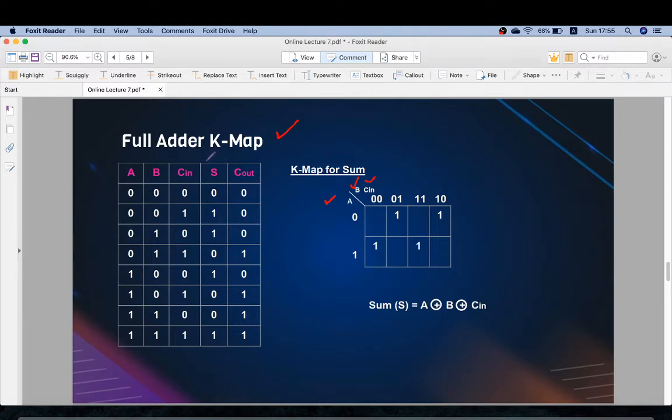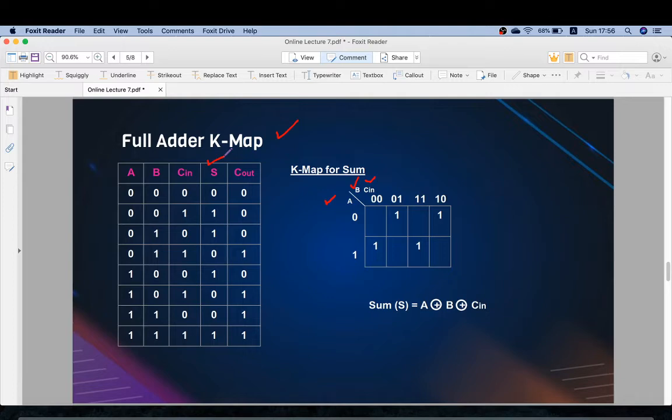First of all, as we are making the K-map for S or sum, we will mark the 1 variables in the cells of the K-map. Why 1 variables? Because we are taking this with respect to SOP, sum of products. Whenever we are taking it with respect to sum of products, we will consider 1, and whenever we take POS, product of sums, we will consider 0.